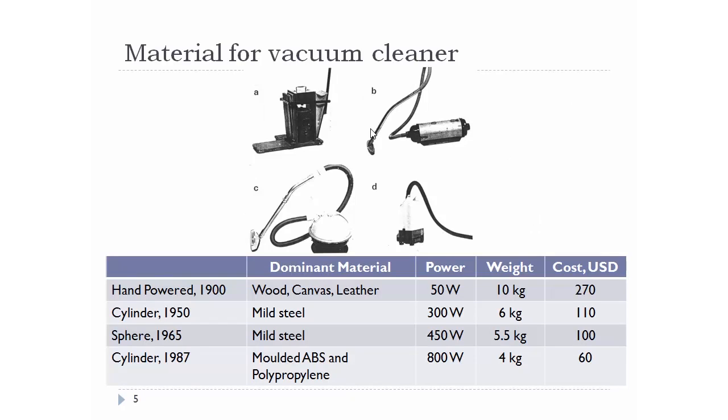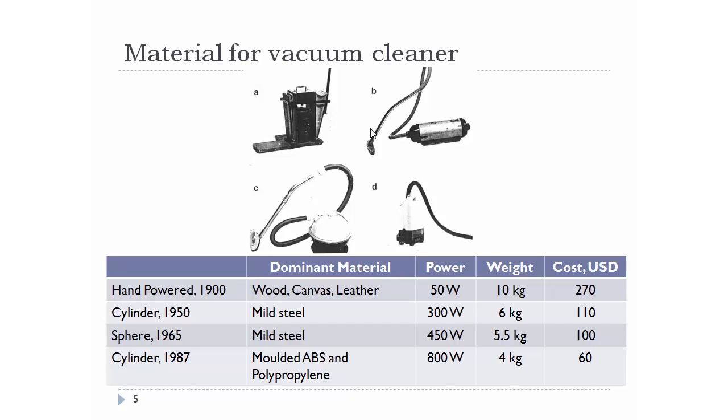In order to tell you about the development of our material, you can see this example. This is an example of a vacuum cleaner from year to year. At the beginning, in 1900, it was made of wood, and the power was only 50 watt, but the weight was 10 kilogram.